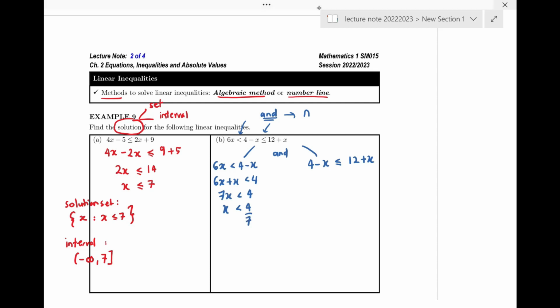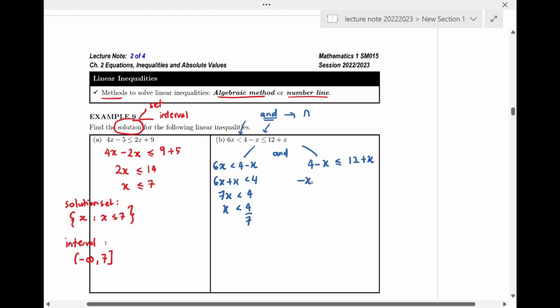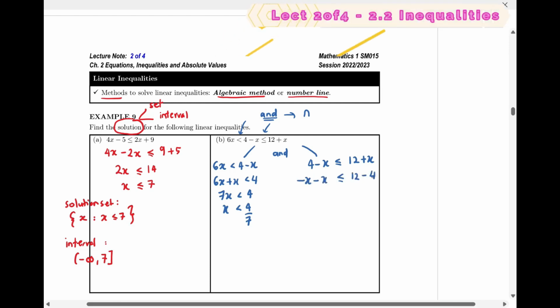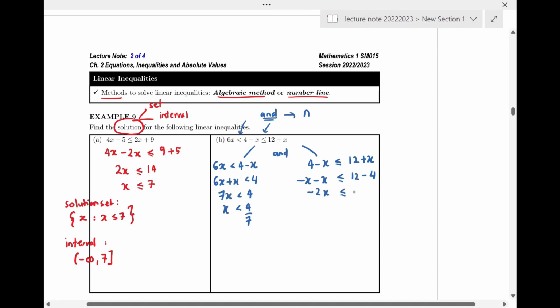For the second one, I have negative x less than or equal to 12 minus 4. I gather all the x on the left side and the non-x on the right side. So I have negative 2x less than or equal to 8.